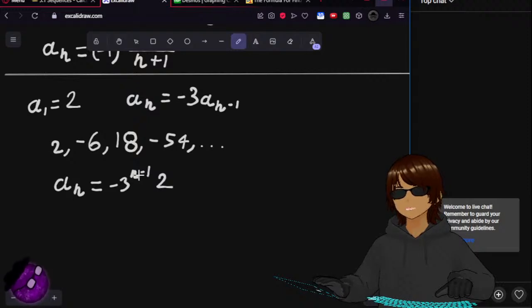So if n is 1, we get 2. If n is 2, we get minus 6.